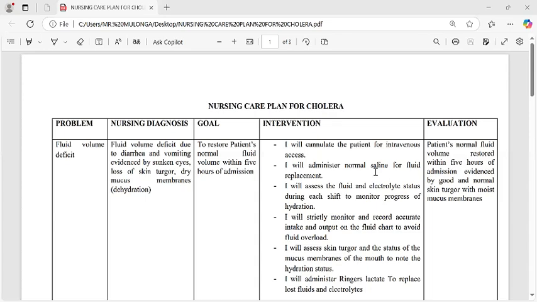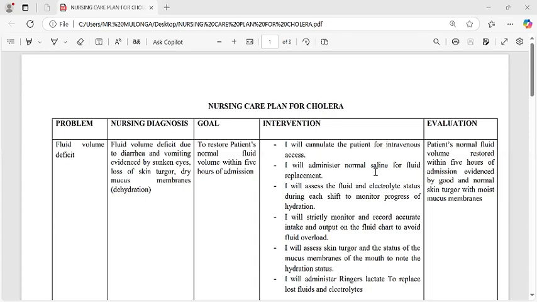It will help in improving or increasing the fluid levels in the body. Remember, normal saline is an isotonic solution, meaning it has the same balance as blood. So when you administer normal saline, it is going to increase the fluid levels in the body.